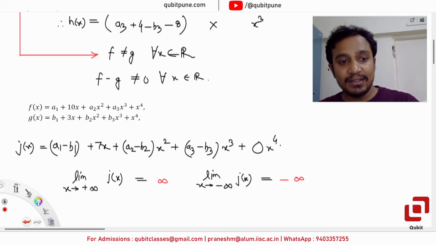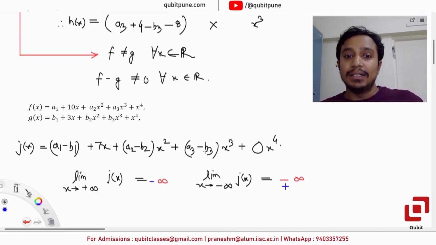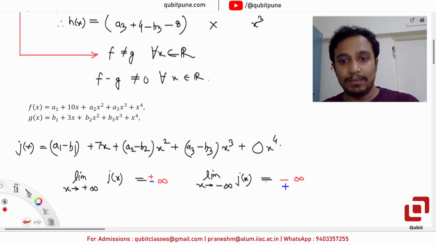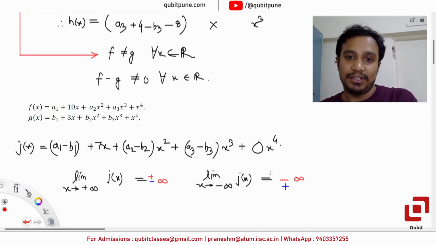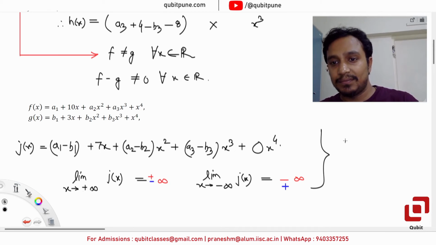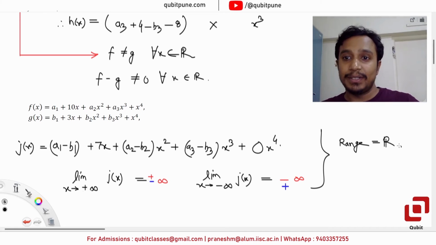And if it is turning out to be negative here, then it will be positive here. तो ये भी हो सकता है अगर a3 माइनस b3 निगेटिव आया तो, जब ये पॉजिटिव लिमिट तब वो नेगेटिव, जब ये नेगेटिव वो पॉजिटिव. सो बेसिकली दिस इज टेलिंग अस दैट द रेंज ऑफ दिस फंक्शन, मैं कोडोमेन की बात नहीं कर रहा हूँ, मैं रेंज की बात कर रहा हूँ, is the set of real numbers, क्योंकि वो क्यूब है.